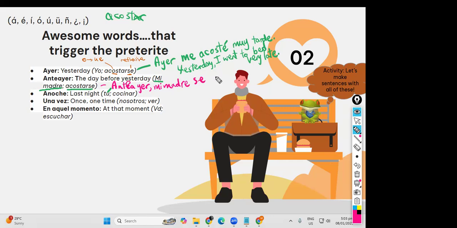And the endings for an AR verb are: é, aste, ó, amos, aron. So, mi madre would be ella, and we would say, se acostó. And then whatever you want to say about her.